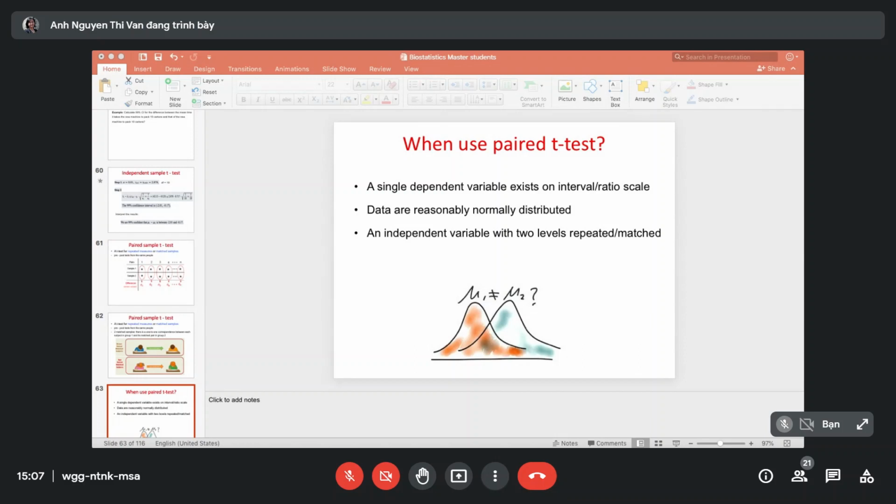And the third one is the case for paired data. If you want to use a paired t-test, your data needs to be matched with each other. They can be repeated measures, or they need to be made into pairs, different pairs of data. If not, you cannot use the paired t-test. Then you need to think about the independent t-test, where the samples are independent.